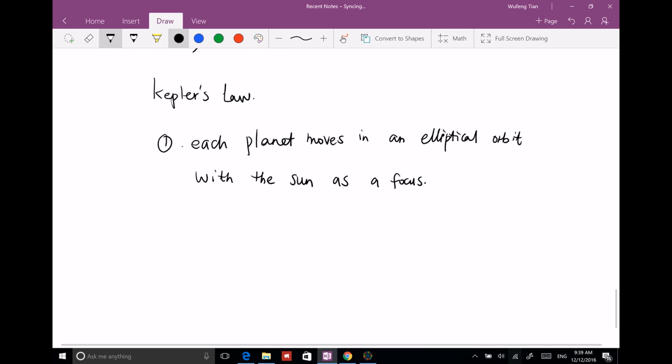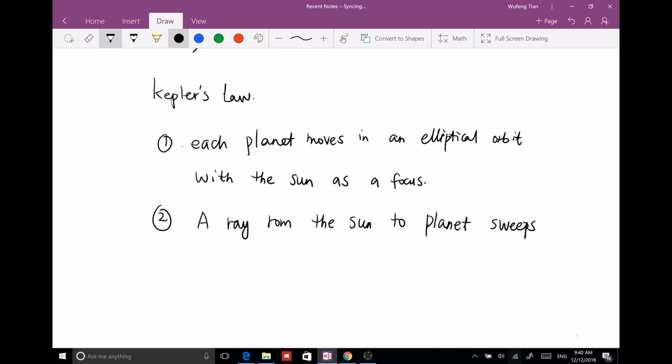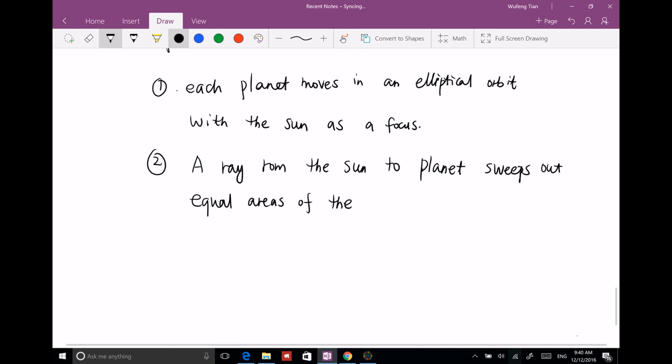And second, a ray from the sun to the planet sweeps out equal areas of the ellipse in equal times.